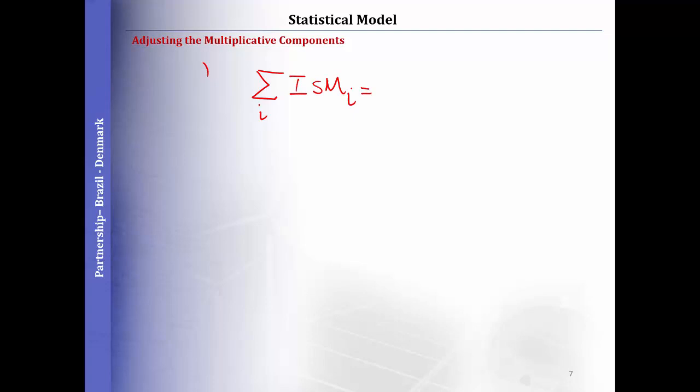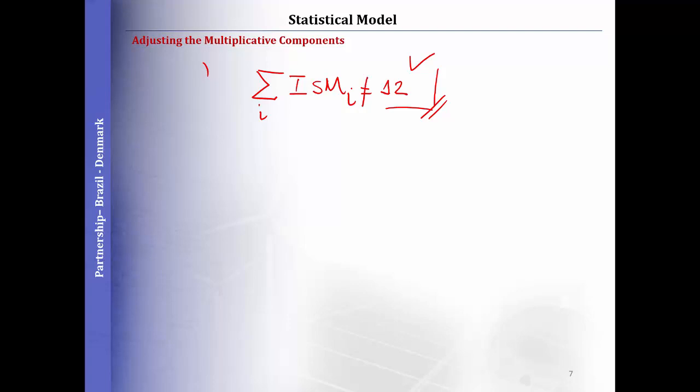We want this sum to be equal to 12, or the average of these values to be equal to 1. It would be equivalent: the sum of the components equal to 12, or the average equal to 1.